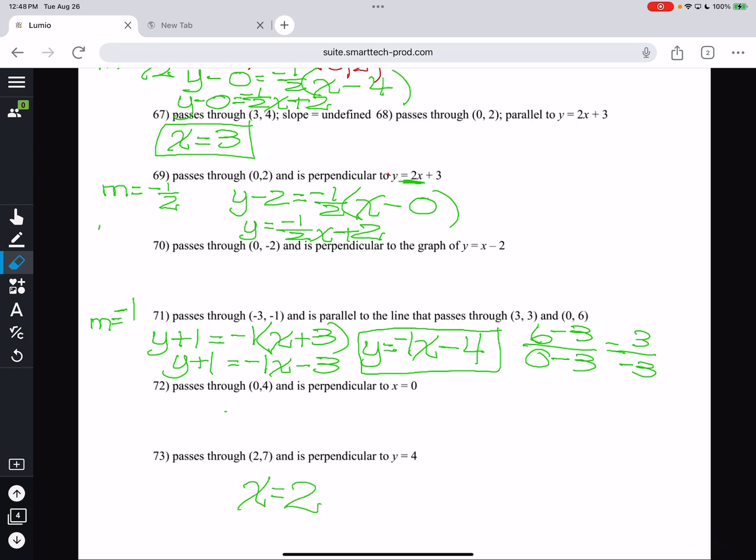So what if it's x equals 2 and the line is perpendicular? What would it have been? y equals 7. It would have been y equals 7. Do y'all see how that works? Sounds harder than it looks. Alrighty.